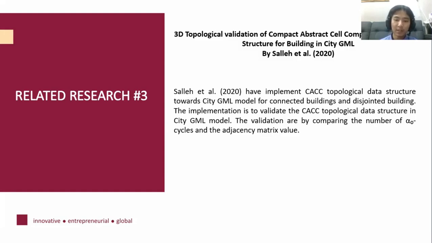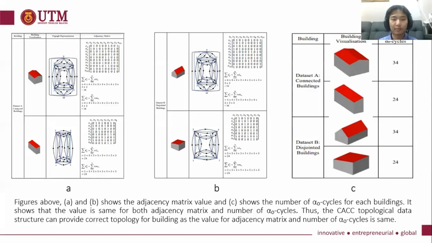The validation is done by comparing the number of alpha 0 cycles and the adjacency matrix values to validate the topology in this CityGML model. This is the result of their study. Figure above, A and B show the adjacency matrix value, and C shows the alpha 0 cycle for each building.